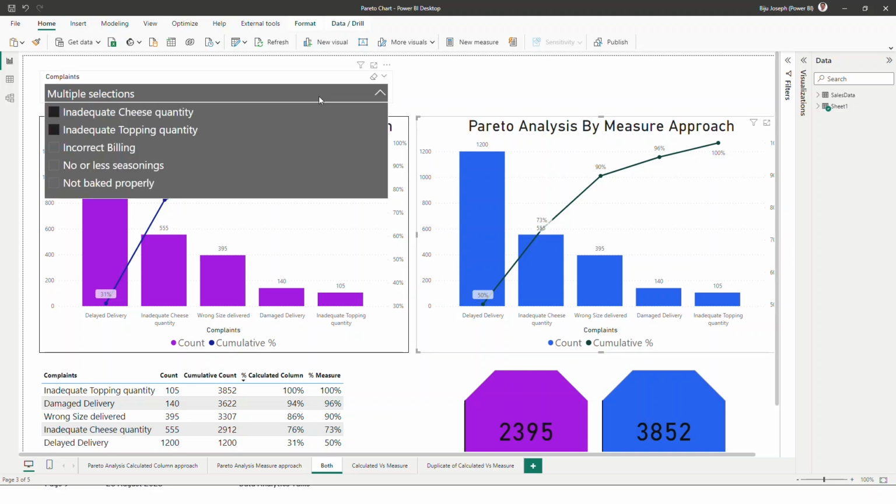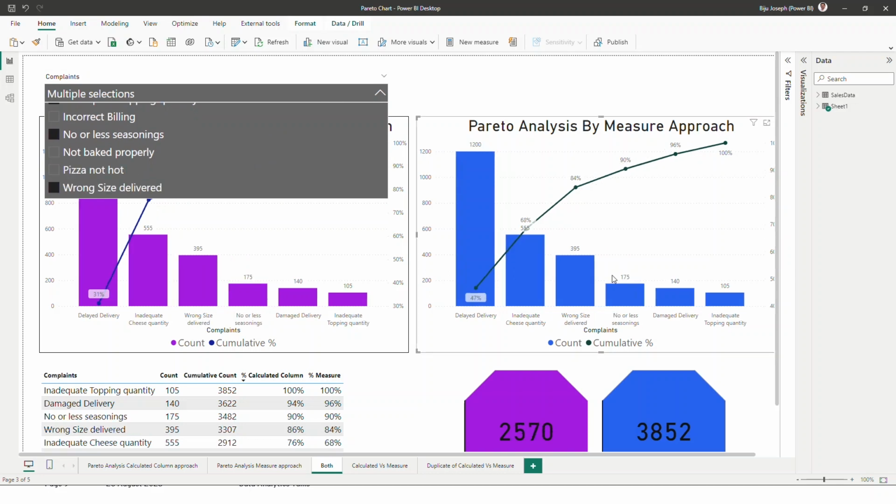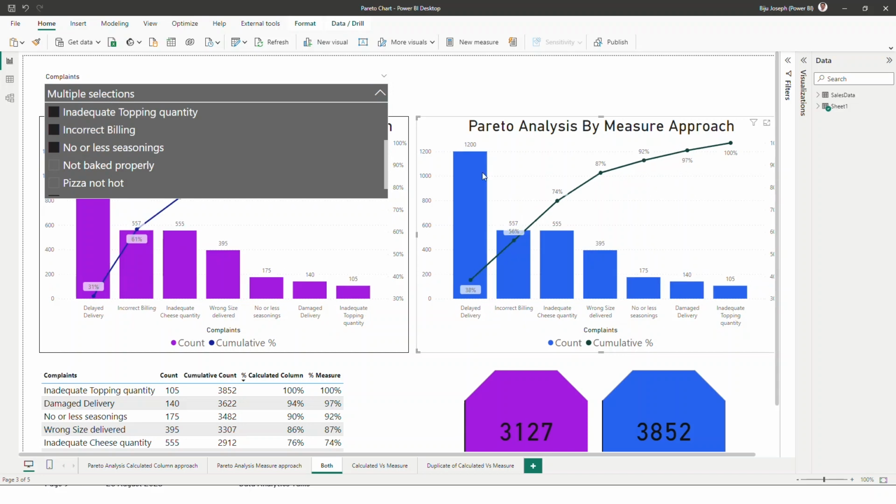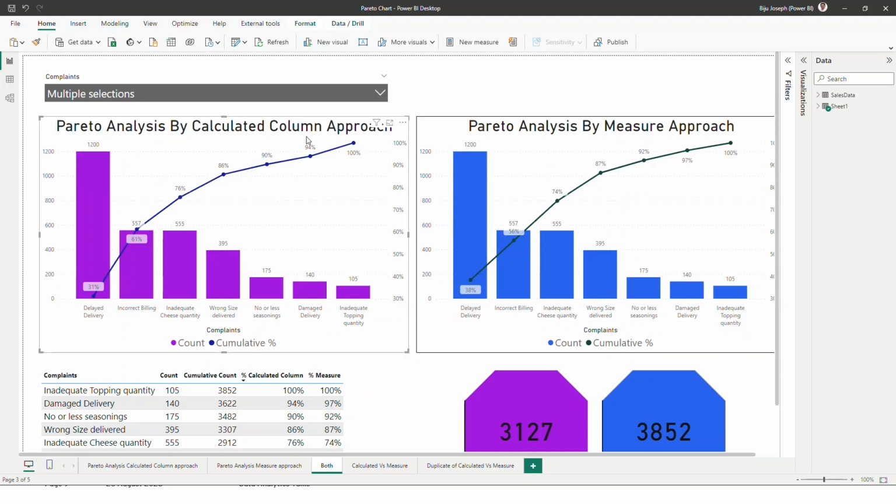See, whenever I was excluding some of the categories, it was recalculating. When I am including some category, it is recalculating. Whereas the approach by calculated columns still remains the same because they were not filter context sensitive. Okay, so that's a major important difference between these two.